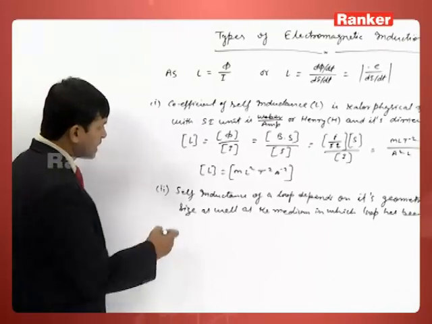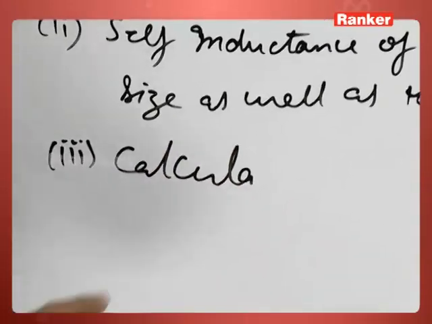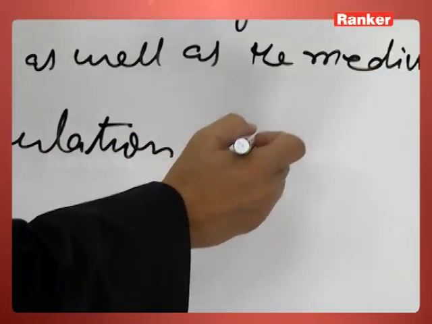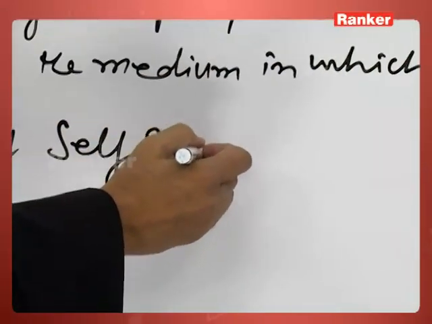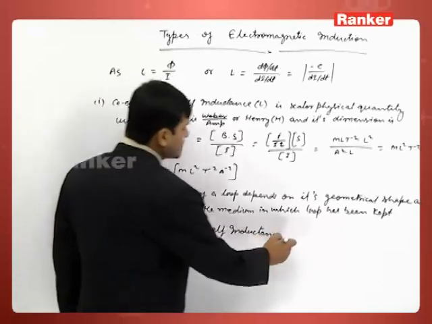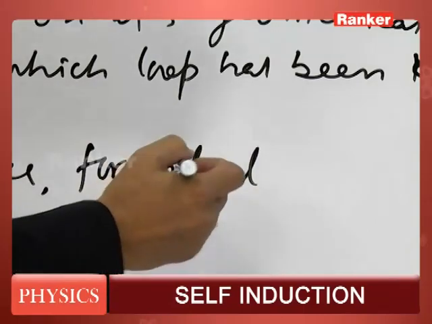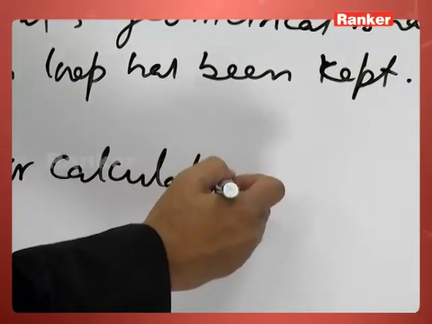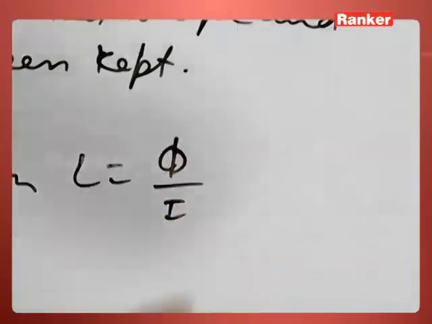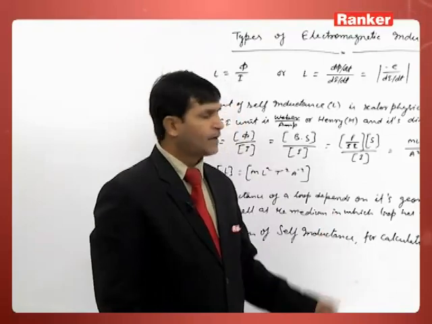Now, third point we can say: calculation of self-inductance. So for calculation, we can write L is equal to phi by I. So this is the formula which we have to use for calculation of self-inductance.